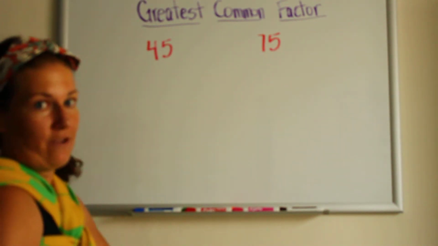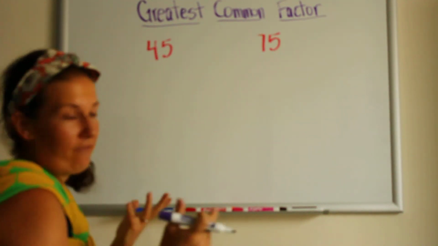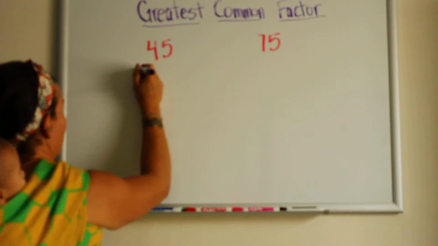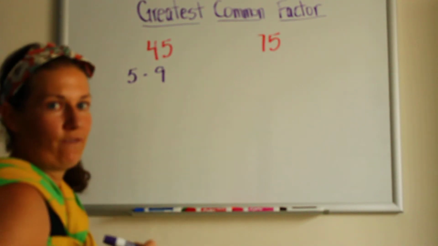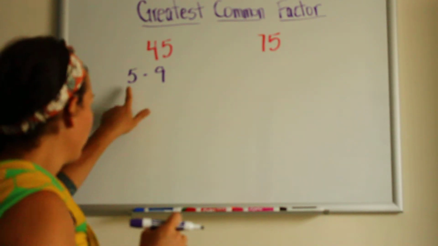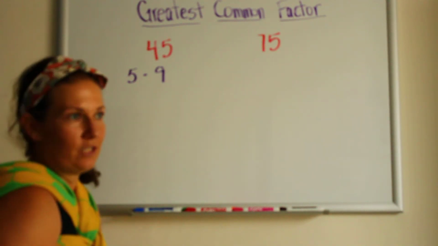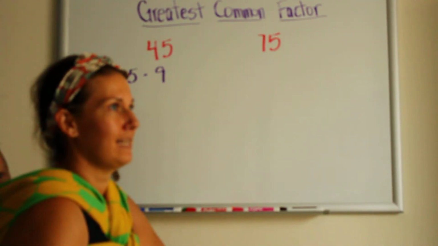So we'll start with 45. The first thing that I recognize right off the bat is it ends in a 5, so I know that 5 is a factor, and I can multiply 5 times 9 to get 45. Now I want to start thinking, what else can go into it? Does 10 go into it? No, because it doesn't end in a 0.